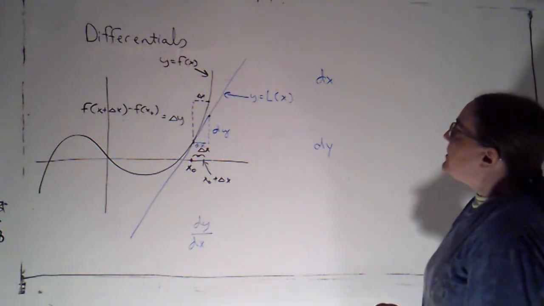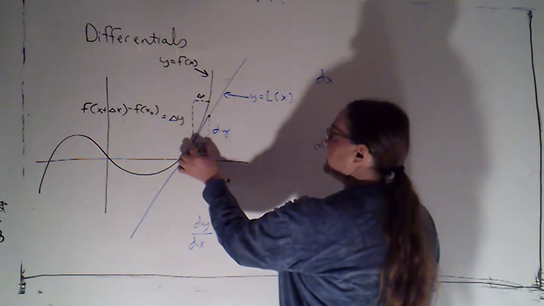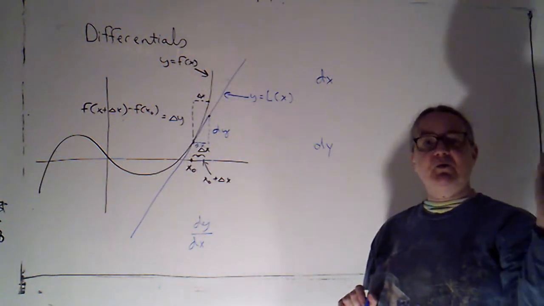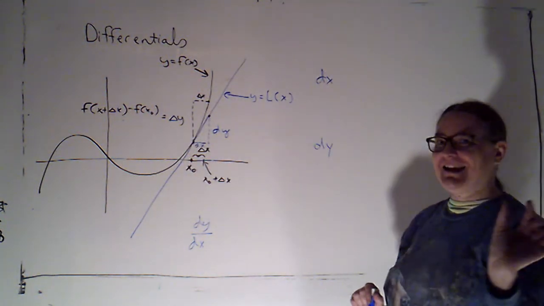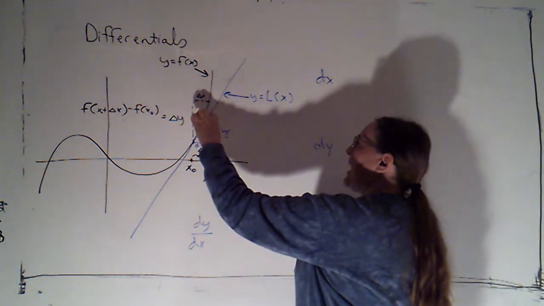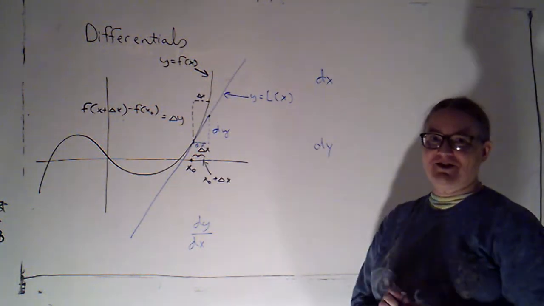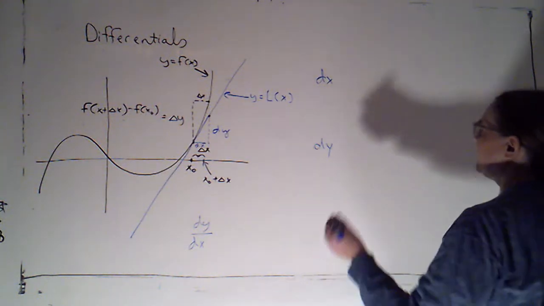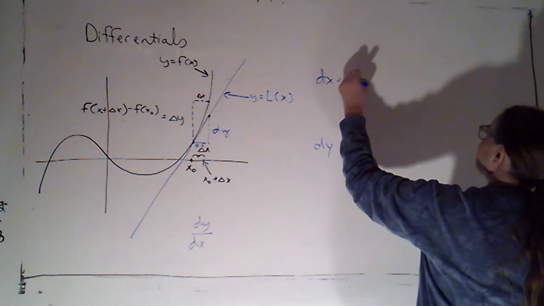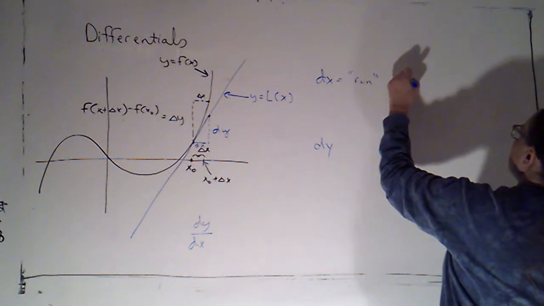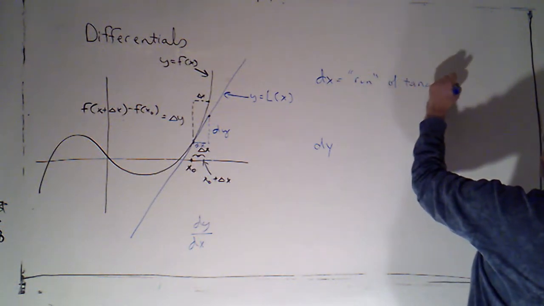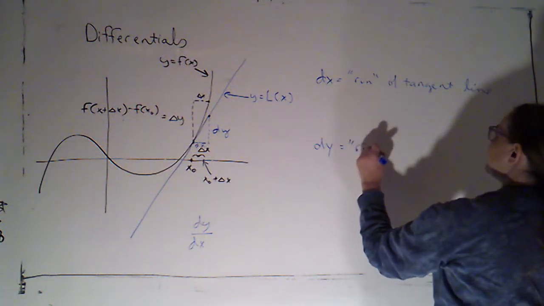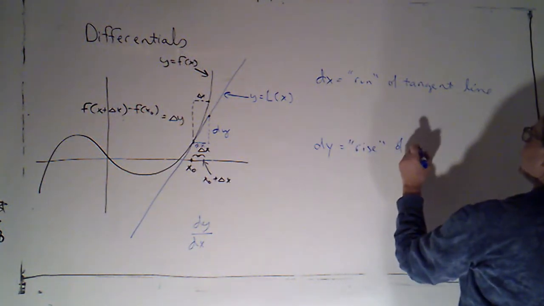I'm basically thinking of dx as being a horizontal change between 2 points on the tangent line, and dy as being the vertical change between 2 points on the tangent line. Well, I've got words for that. I can say dx is the run of the tangent line, and dy is the rise of the tangent line.